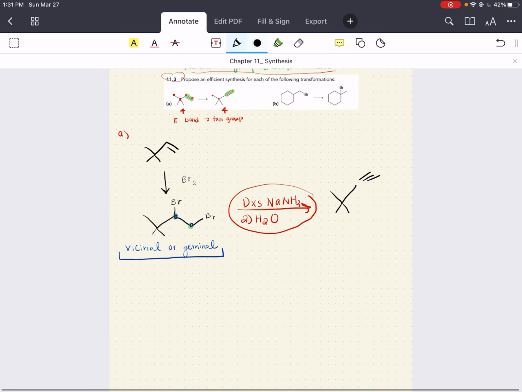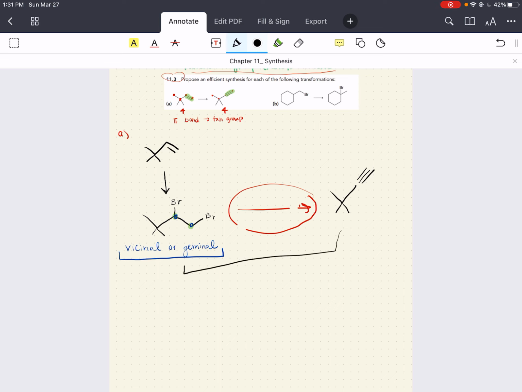Now, another technique of how to approach this problem, and we can erase these reagents just for one second. Another way that would have been just as good, if not better, is you could have started with your end product and said, triple bond, how do I prepare a triple bond? Well, we've covered this. You know how to prepare triple bonds. We'll need two leaving groups that are either vicinal or geminal, and that will lead you to a structure that looks like this, where instead of the triple bond, there were once two leaving groups, two halogens.